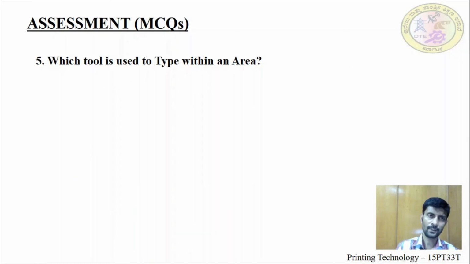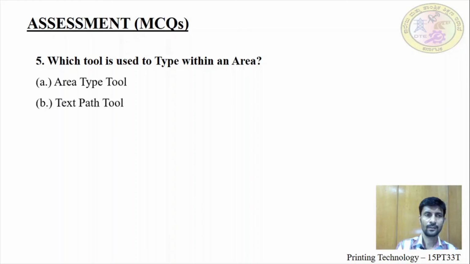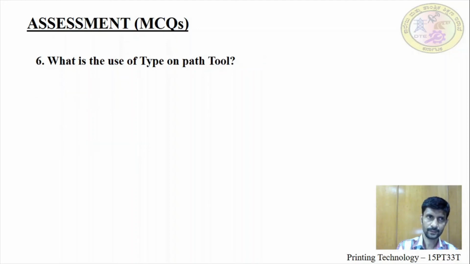Next, which tool is used to type within an area? The options are area type tool, text bar tool, text, and the Bezier control tool. All of you know that according to the shape, if you want to fill the text, first we have to select the area. This is the clue for this question. Next, what is the use of the type on path tool?